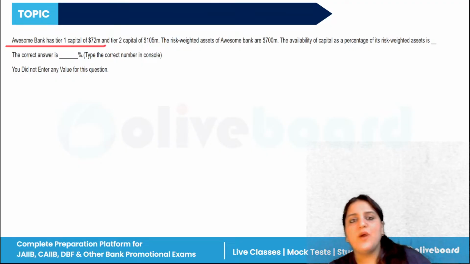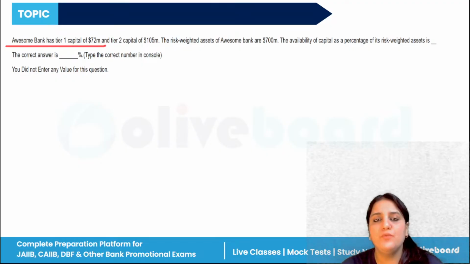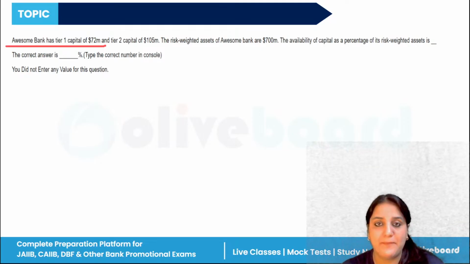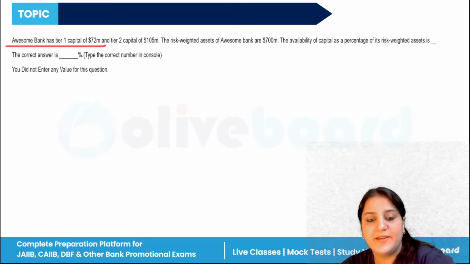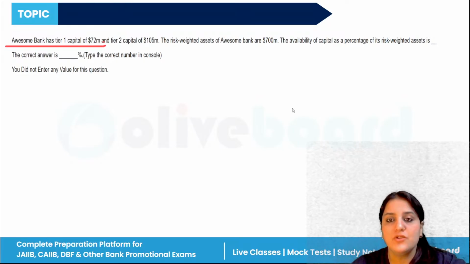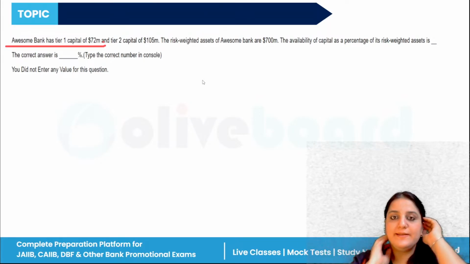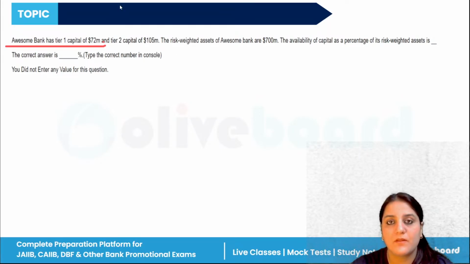There is a bank which has a Tier 1 capital of $72 million. Tier 2 capital is given. We have been given the risk weighted assets of this bank also. So what we have to calculate here is the availability of capital as a percentage of its risk weighted assets.